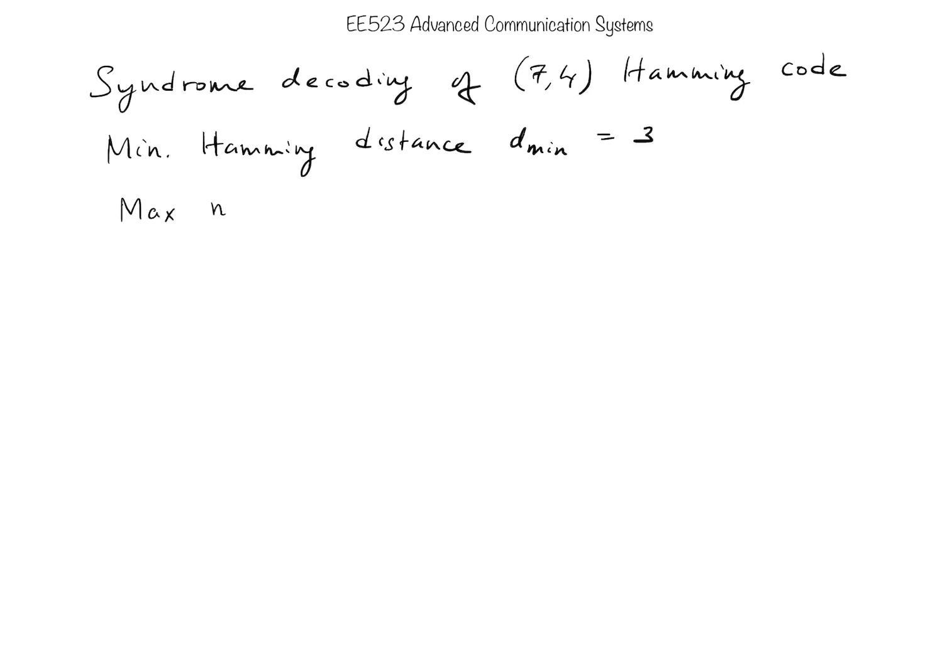The maximum number of errors that can be detected is given by dmin minus 1, which is in this case 3 minus 1, equal to 2. So a maximum of 2 errors in a code word of length 7 can be detected.